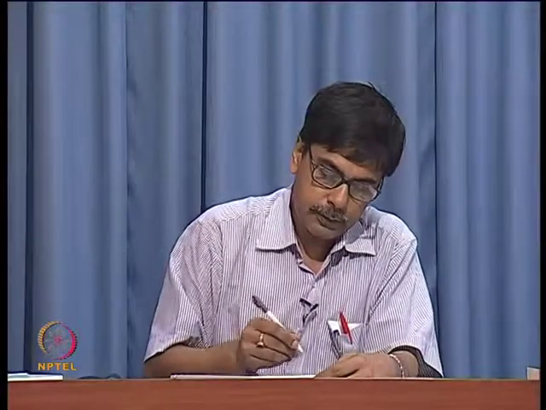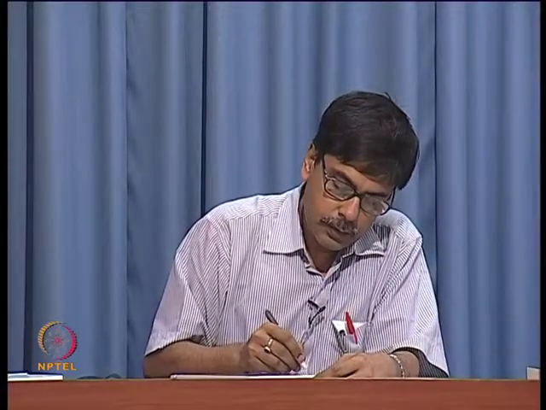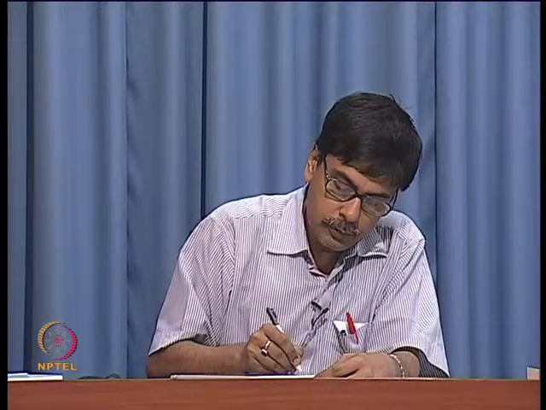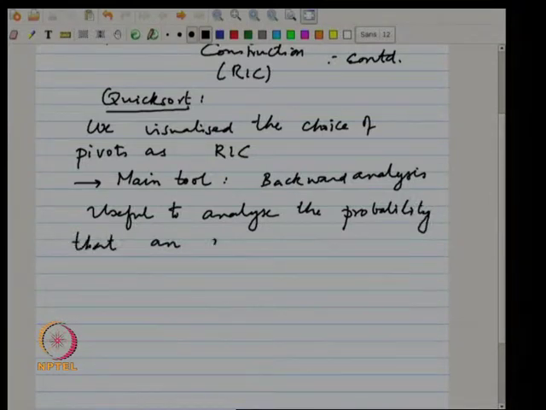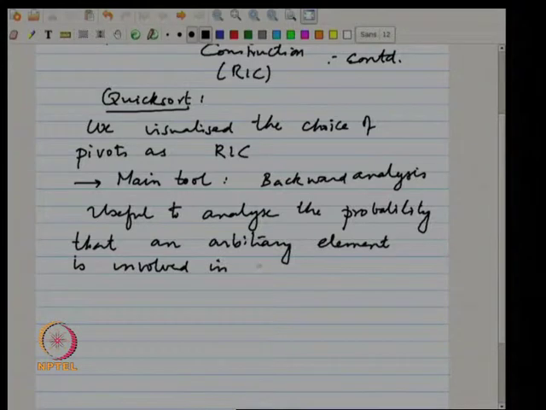Coming back to this problem. The main tool used was backward analysis, which was the following. When we are dealing with the ith pivot, it is useful to analyze the probability that an arbitrary element is involved in the partition.